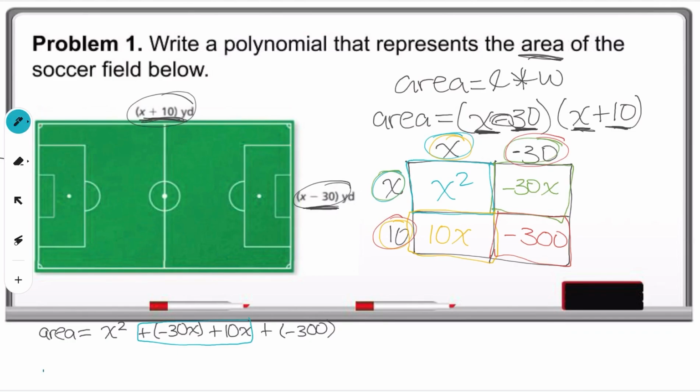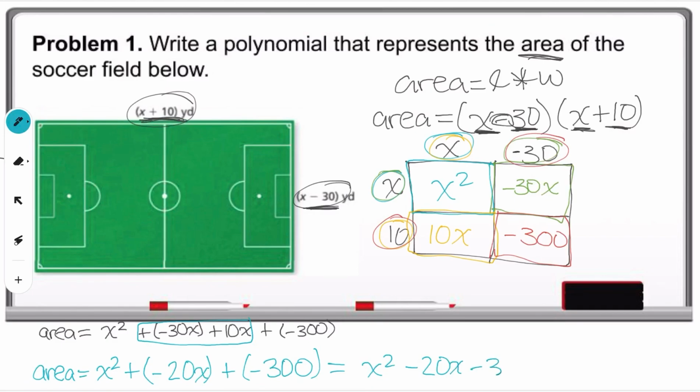So I will have my area is equal to x squared plus, when you plug this in your calculator, or if you know how to add positive and negative integers together, you will know that negative 30x plus 10x is negative 20x. And then I bring down my negative 300, which is the same thing as x squared minus 20x minus 300.